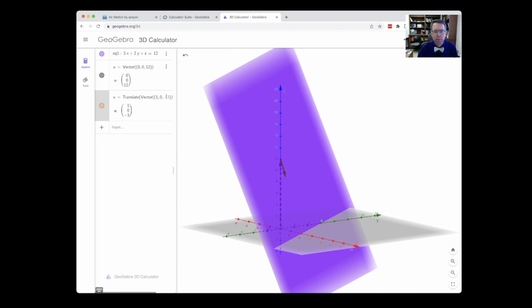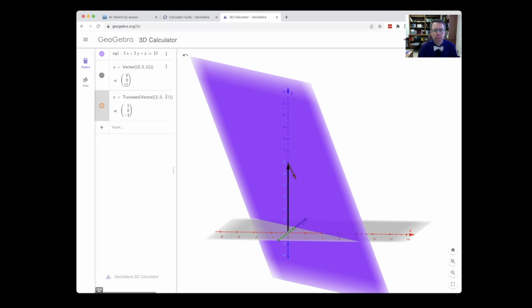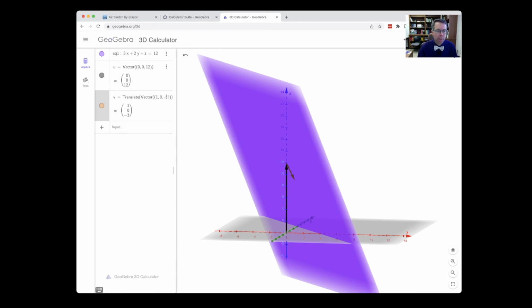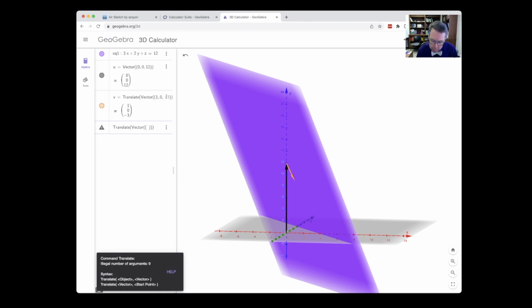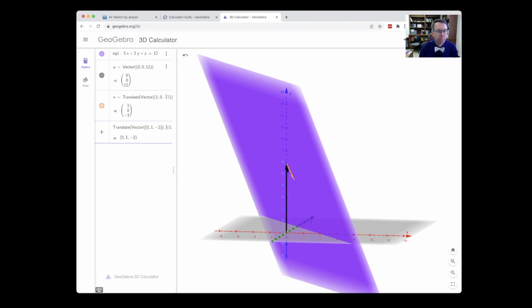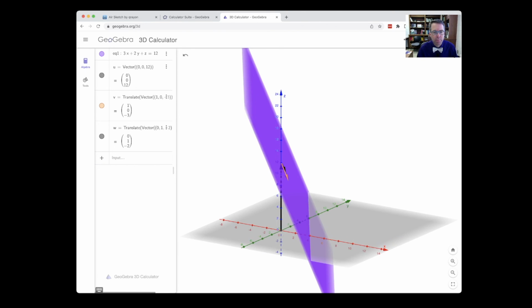Then we're going to add the second vector. We're going to translate our vector, and this time it's the vector 0, 1, -2. That's my displacement vector, and we want to anchor it to that point 0, 0, 12. And so there's that second vector. Again, the graphics weren't going fast enough.